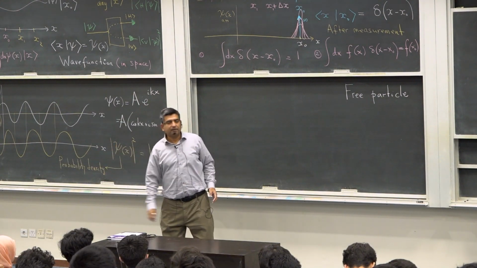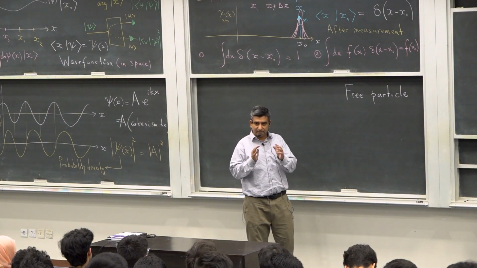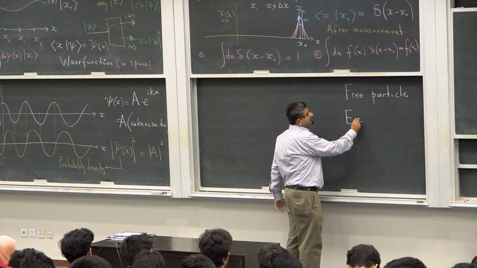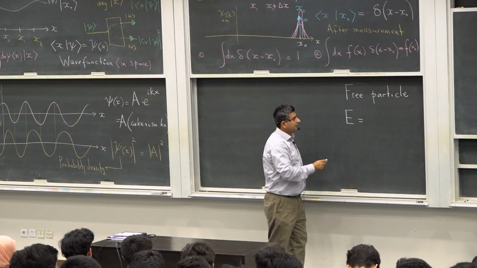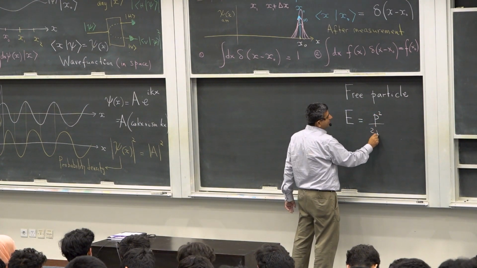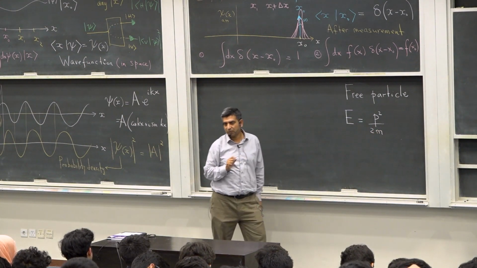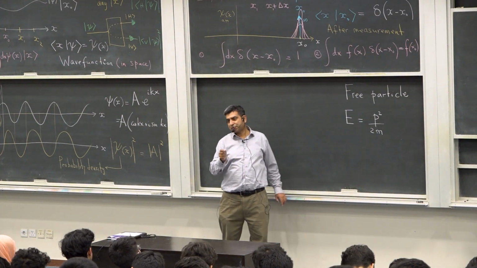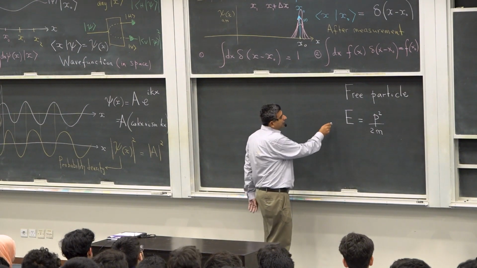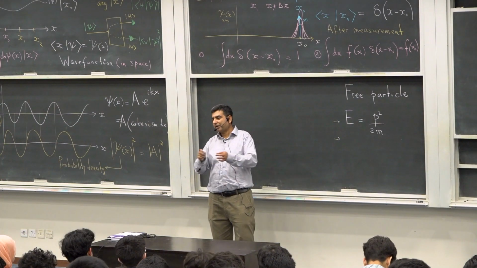Such a particle, if it's moving at slow speeds, is going to have an energy which is its kinetic energy. No potential energy. So its kinetic energy is p square over 2m. P is the momentum of the particle. So these are formulas that you should remember. This you already know. The other property you know from A-level physics is that associated with every particle there is a wave.